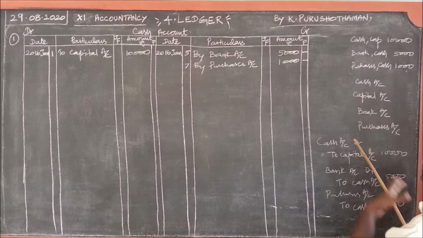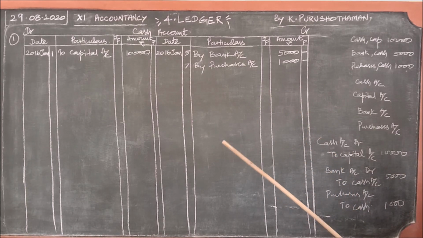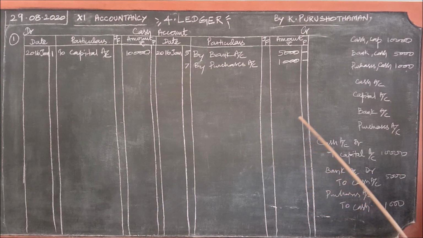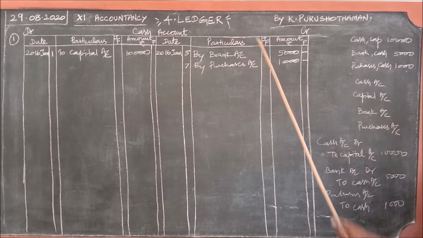For my purpose, for the preparation of lecture, I have written roughly. Okay? Right. How many accounts are there? There are cash account, capital account, bank account, purchases account. The cash account is repeated so many times, we don't bother about it. Only once we should prepare that account.